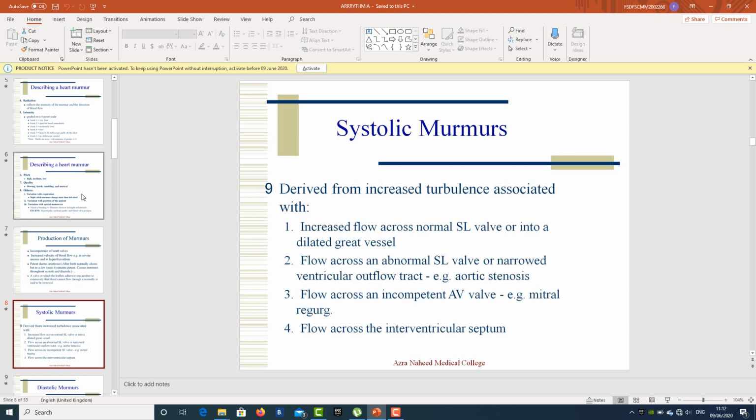They are derived from increased turbulence associated with increased flow across a normal semilunar valve or into a dilated great vessel. Flow across an abnormal semilunar valve or narrowed ventricular outflow tract, for example aortic stenosis. Flow across an incompetent AV valve, for example mitral regurgitation. Flow across the interventricular septum.